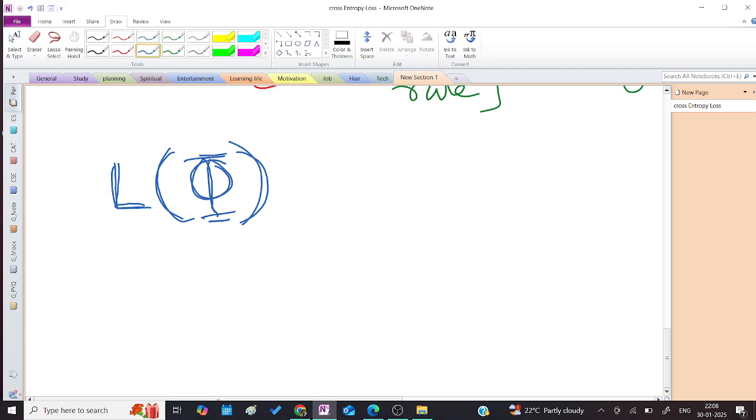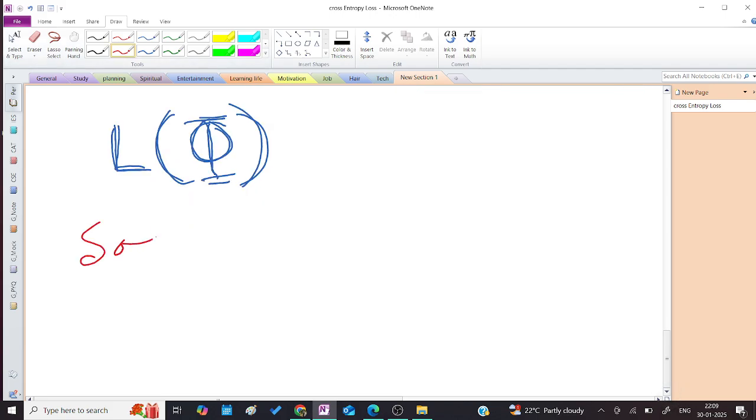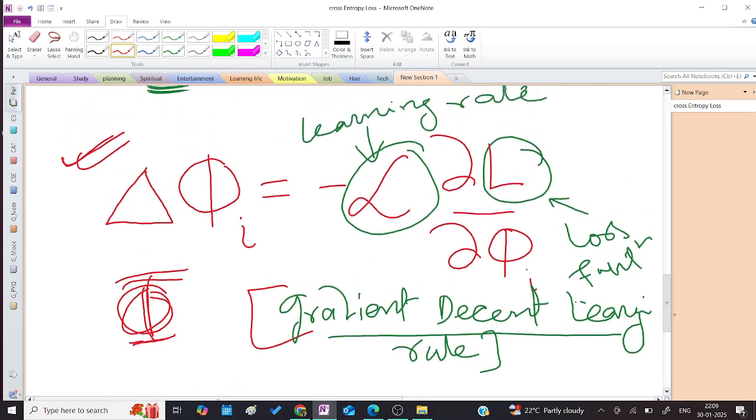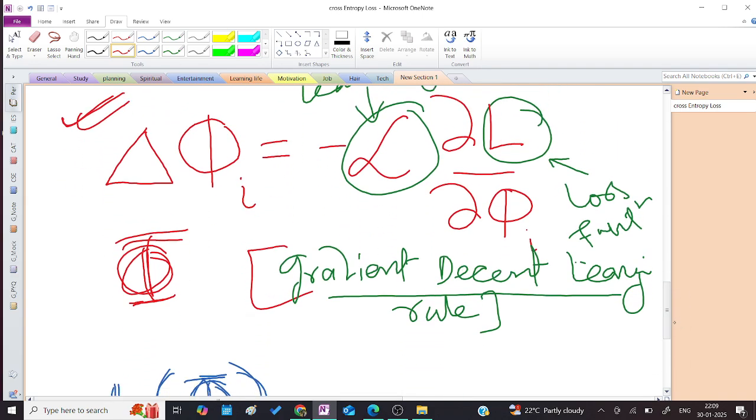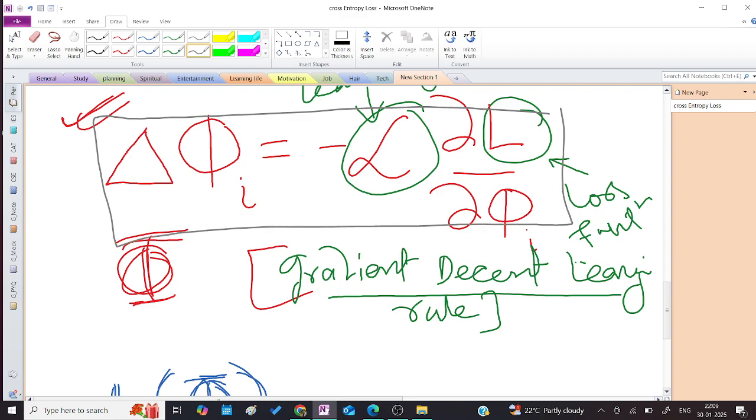So finally let us define what softmax is and why we need this softmax. What you can observe is that this formula is a differentiable equation, right?